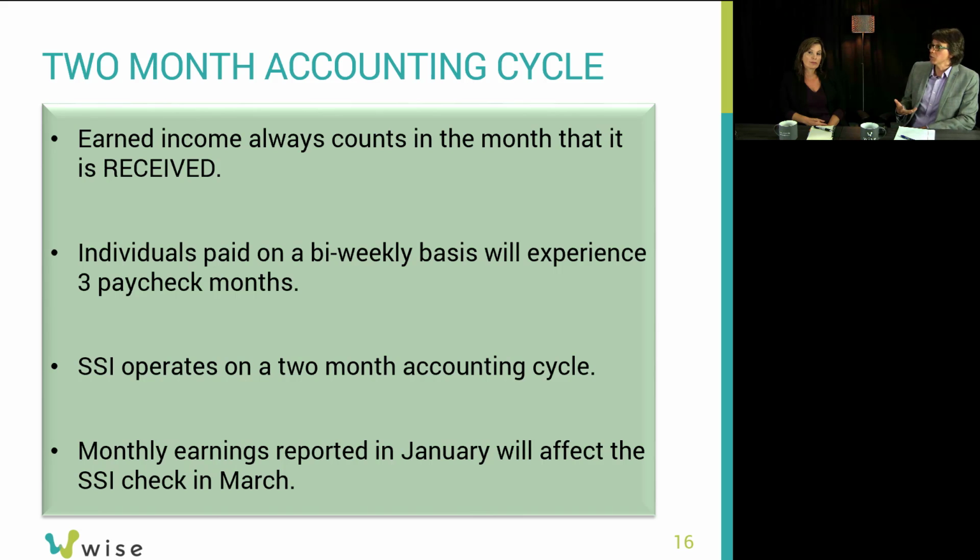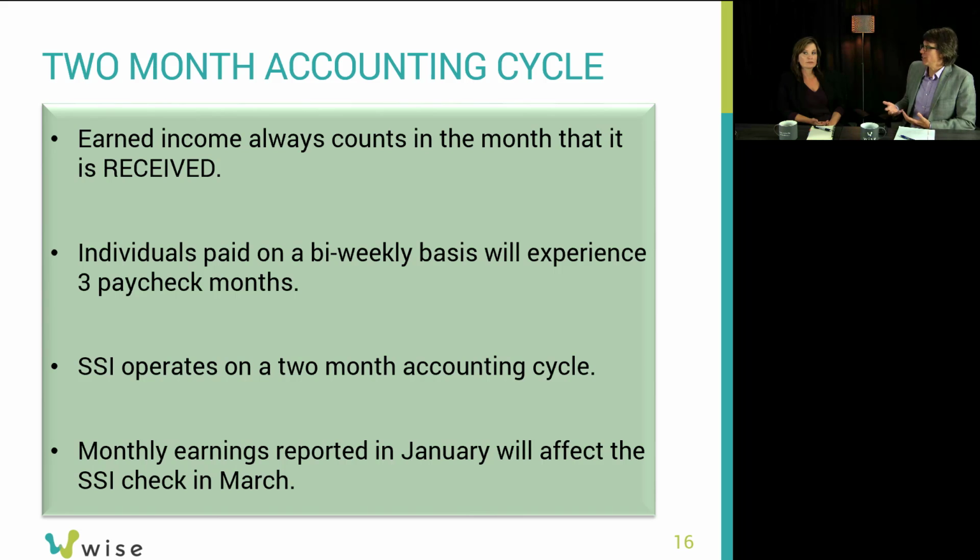Right. Now, when I report it to Social Security, it takes Social Security a couple of months to make an adjustment to my SSI. So let's say, for example, I'm working in January and I receive income and I report it to Social Security. I'm going to report it by the 10th day of February. So I take the income that I received in January, the gross income, and I report it by the 10th day of February.